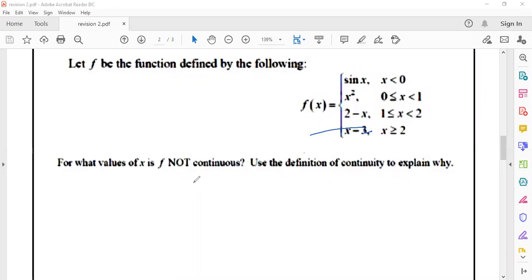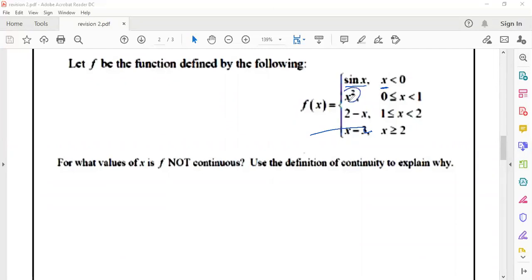As you know, this function, for all of the values less than 0, is continuous, because it is a sine function which is defined on its domain, all real numbers, so it is defined also for all of the values of x less than 0.